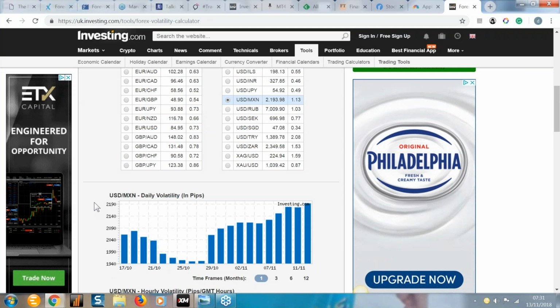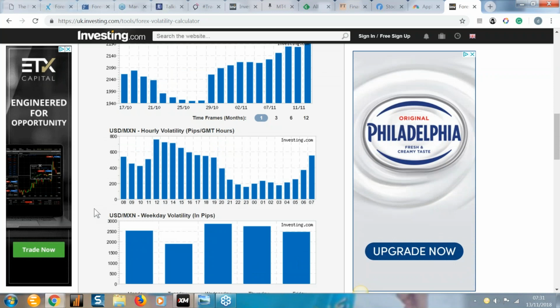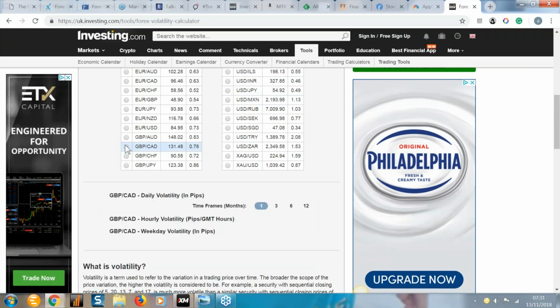But the first place to start, as I said, is understanding not only the characteristics of the individual currency in terms of when it is likely to move in this 24-hour period, because not all sessions are created equally, as we can see here. Because if all sessions were equal, all these pairs would move at the same rate. Let's look at the pound CAD here.